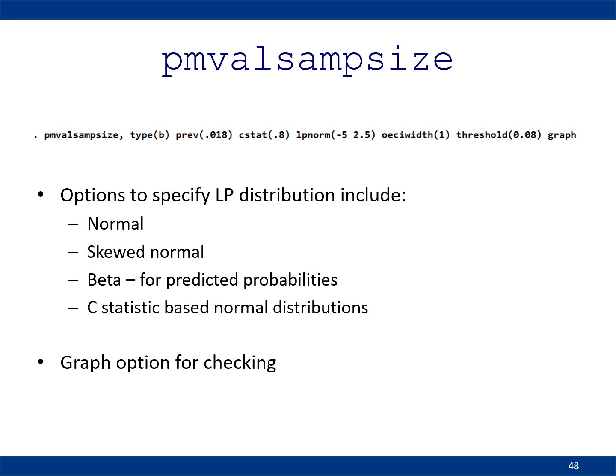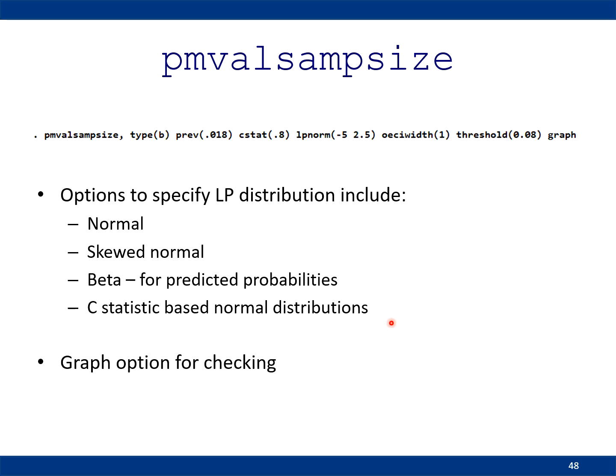So in PM_val_samp_size there are a number of options, including specifying a normal distribution or a skewed normal distribution. You can specify a beta distribution for the predicted probabilities instead, as sometimes we can obtain these probabilities from calibration plots. This is then used to transform to the linear predictor distribution.